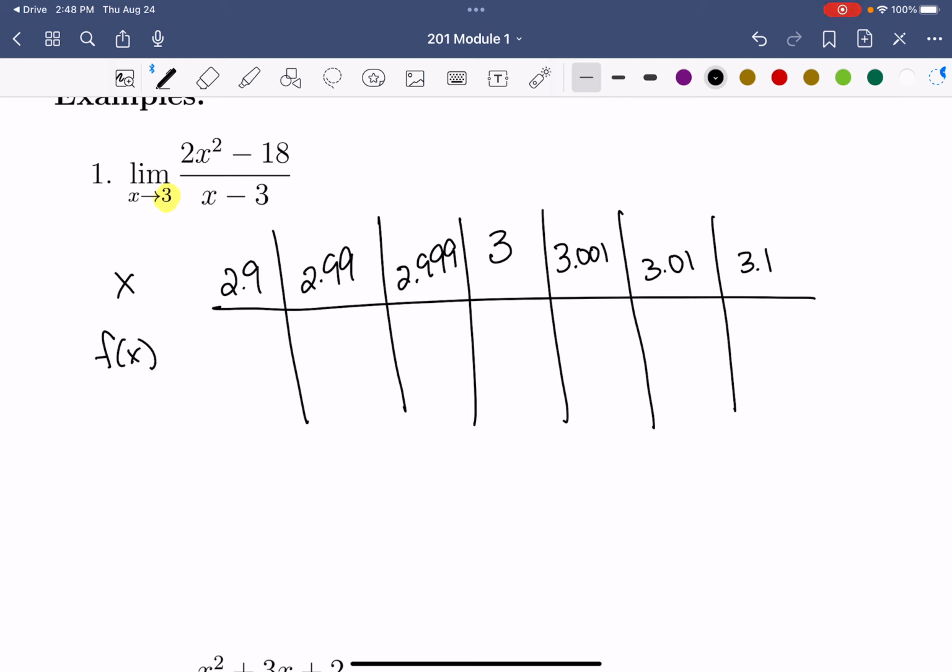And this time, I'm plugging into this function. Okay. So use your calculator and go ahead and get that. So again, you're going to store one of those values. So if you start with 3.1, store it in your alpha A. And we're going from there, right?